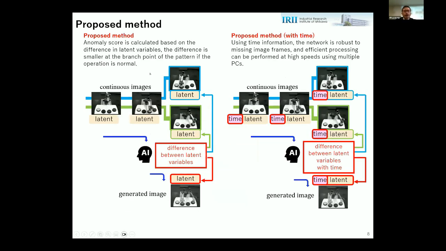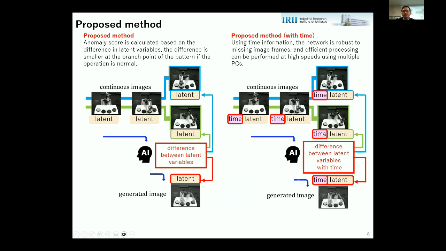Our proposed method 1 is here. The anomaly score is calculated based on the difference in latent variables. The difference is smaller at the branch point of the pattern if the operation is normal. The image is different, but the latent is similar.